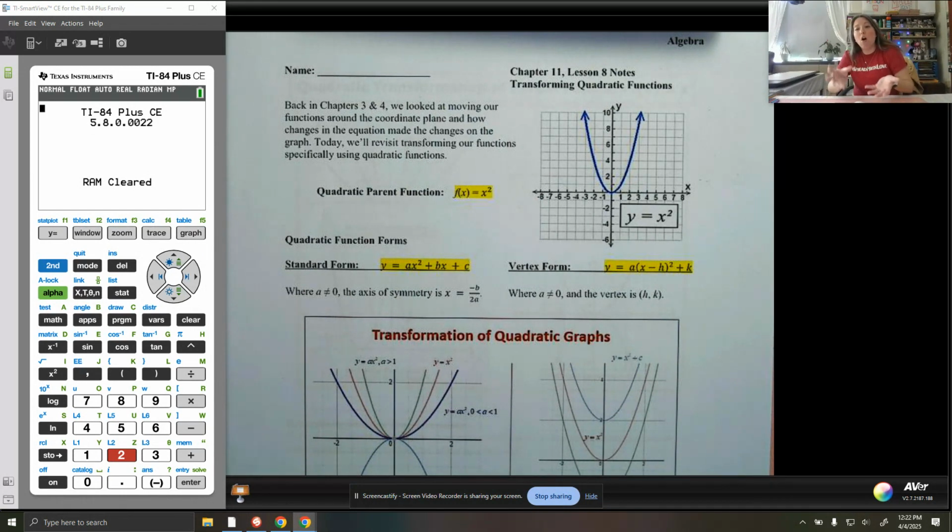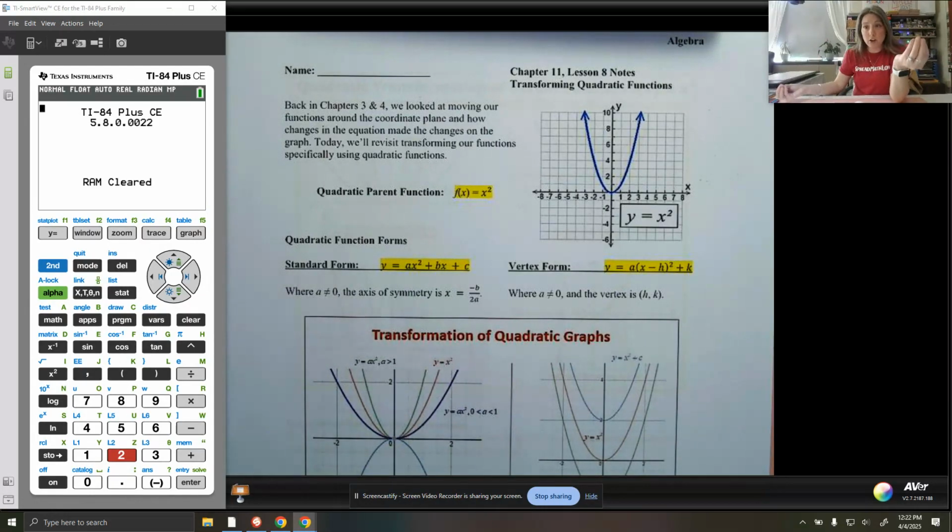Well, I will call that back to us, and we will change the actual function equation for our quadratic functions. So we'll kind of do a little bit of both. We'll have that function notation, and we'll have the actual form of our quadratic being changed to accommodate the movement we want to make from our parent.